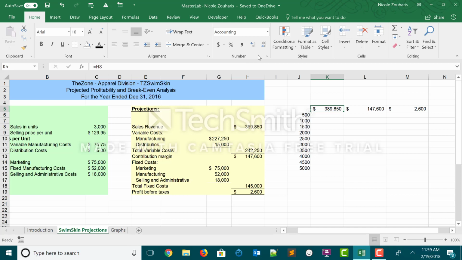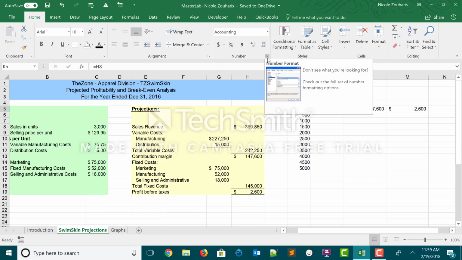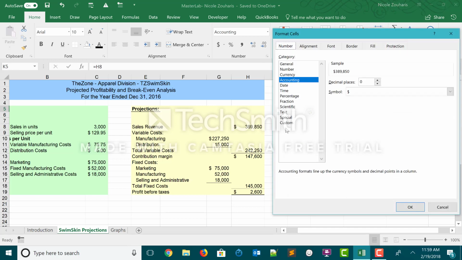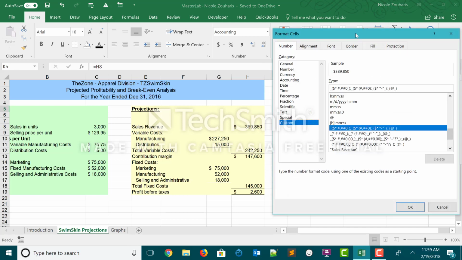Then I'm going to click over in the Numbers group on the Home tab, and there's this little box in the right hand corner. I'm going to click it, choose custom, and notice that there's this little code here of numbers and symbols. You want to delete that. Backspace.